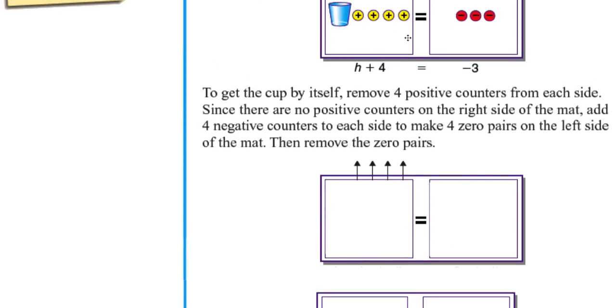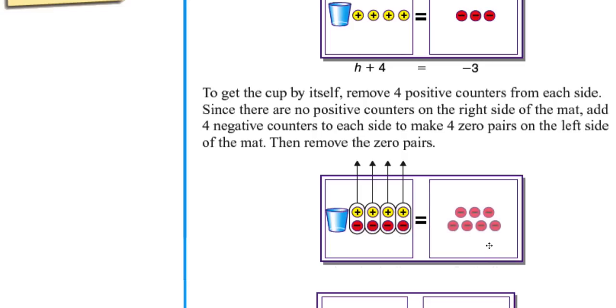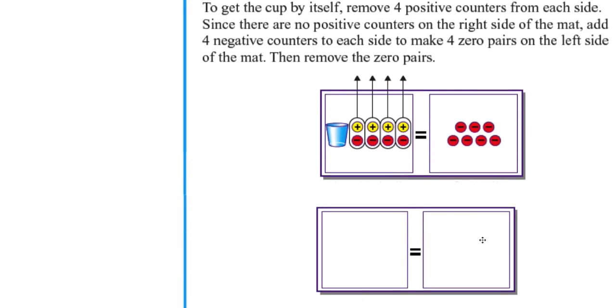Once we add 4 negative counters on one side, we need to add 4 negative counters on the other at the same time. Then we remove our zero pairs, like what you see here. We added 4 negative counters, which makes zero pairs, and we removed all our zero pairs. Since we added 4 negative counters here, we add 4 negative counters here as well.